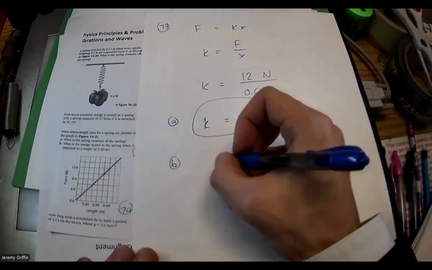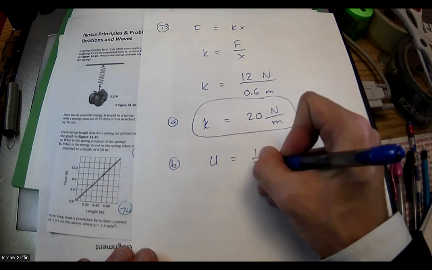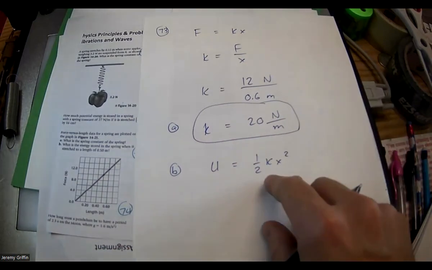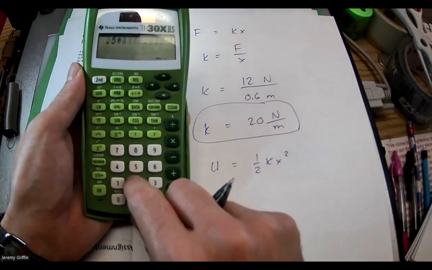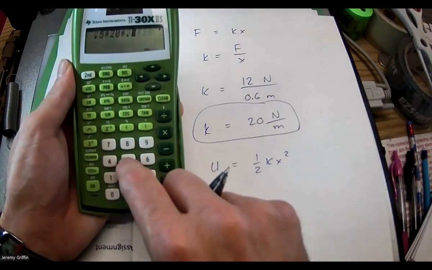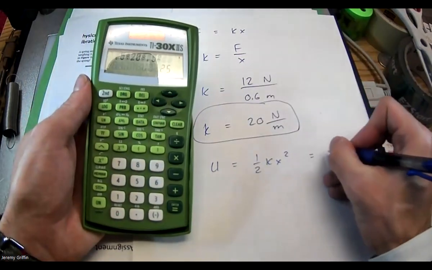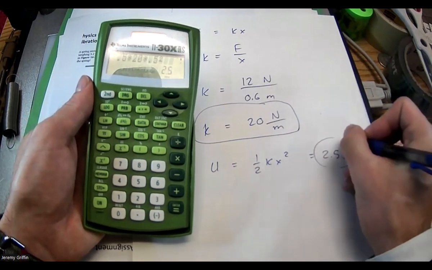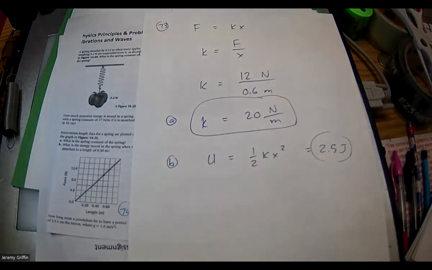Right. So you can either do 1/2 k x squared, which is 1/2 times k times x squared, giving 2.5 joules. Or area. Let's do area.